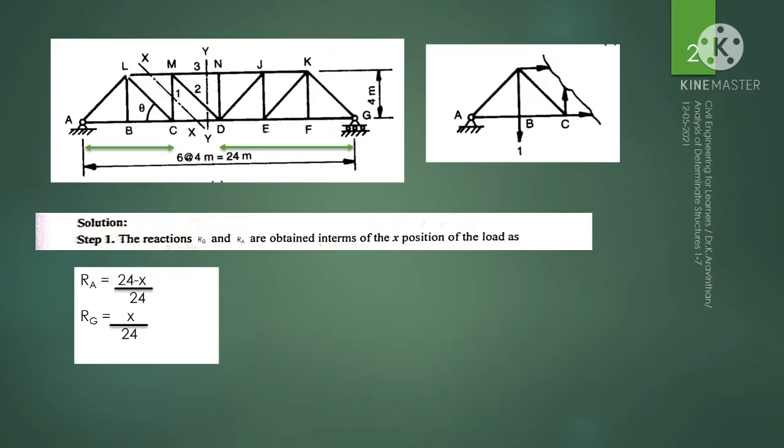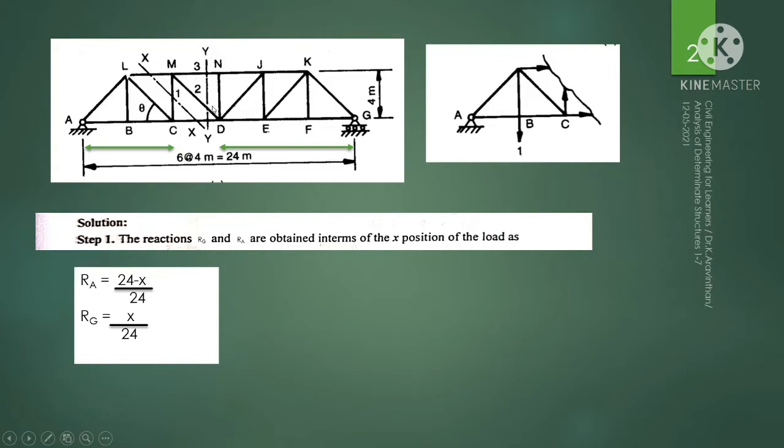After finding the indeterminacies for an externally determinate structure, we shall follow this procedure. The first step is to find RA and RG. Now, the requirement for this problem is to find the member force at 3, at 2 and at 1.